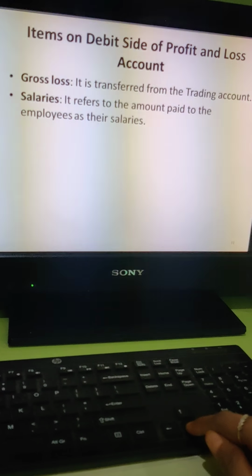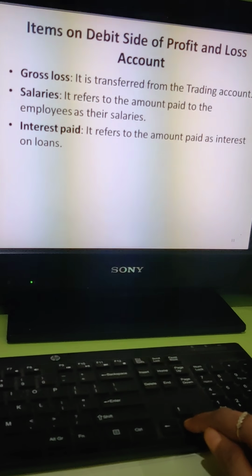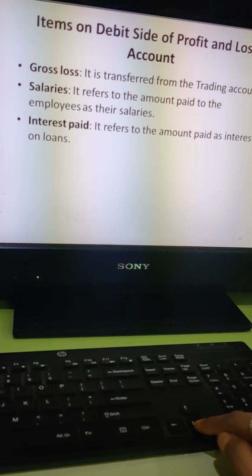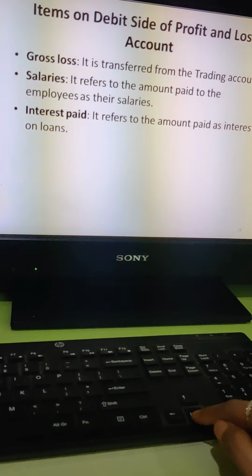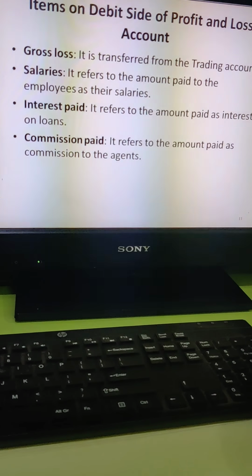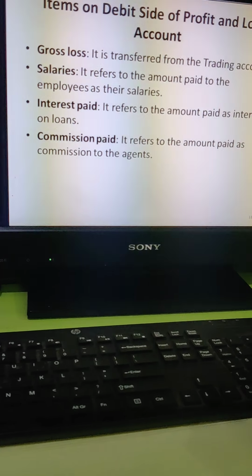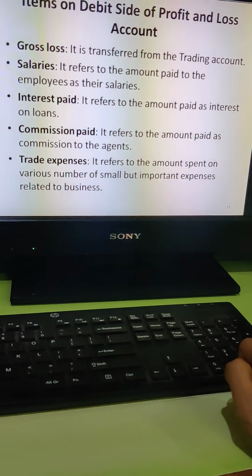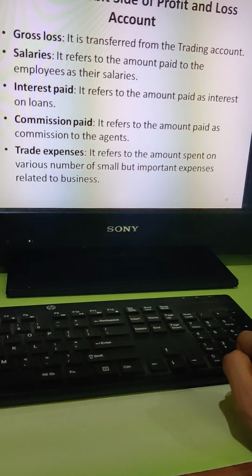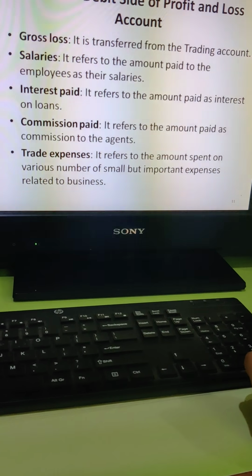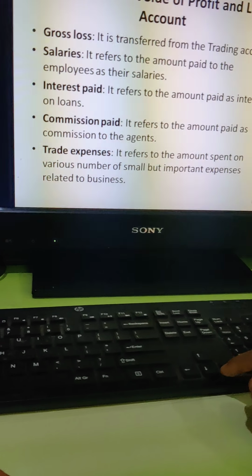It refers to the amount paid to the employees, which is indirectly related to the business. Interest paid refers to the amount paid as interest on loans. Commission paid refers to the amount paid as commission to the agents. The other trade expenses refer to the amount spent on various small but important expenses related to business.